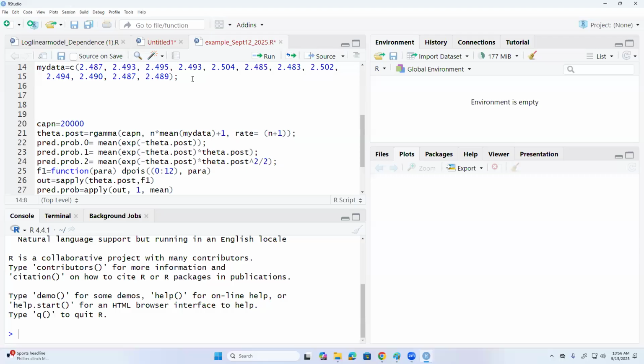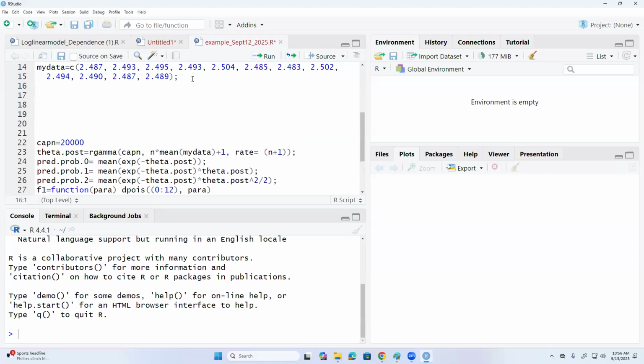This is my data set. What is the classical estimate of the mean value? It will be the average value of those observations.